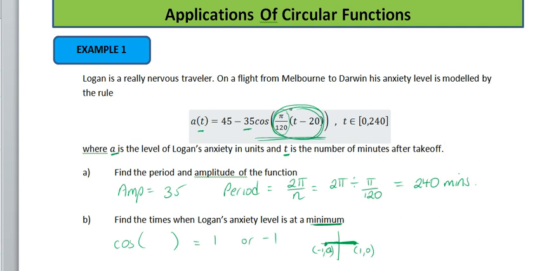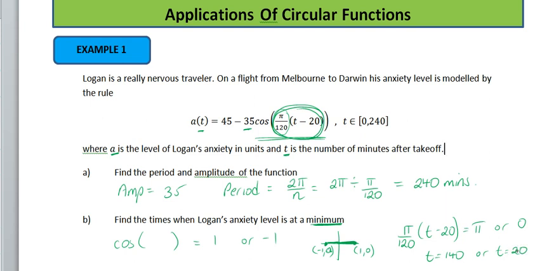So what values of t is going to give us that? So what we're working out is pi over 120, t minus 20. When does that equal pi, and when does that equal 0? So when you solve that, we end up t equals 140 or t equals 20.